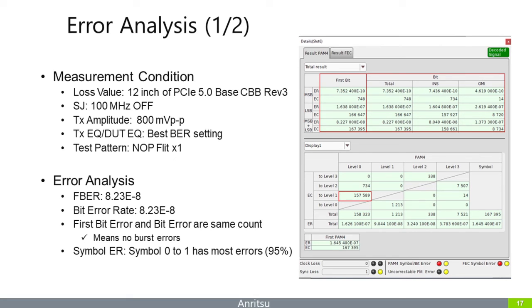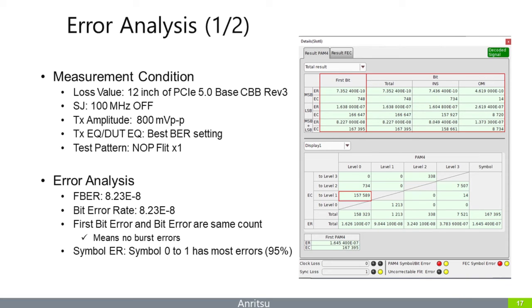Okay, so now the analysis of the data in detail. The measurement condition is 12-inch, 100 megahertz, and in this case we found FBER, first BER, is 8E-8. Raw BER was 8.23E-8.